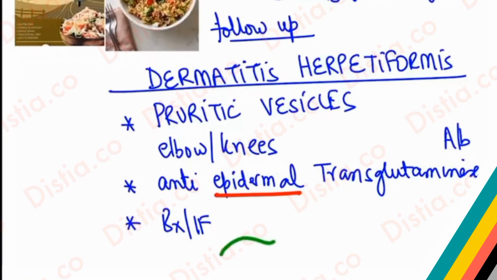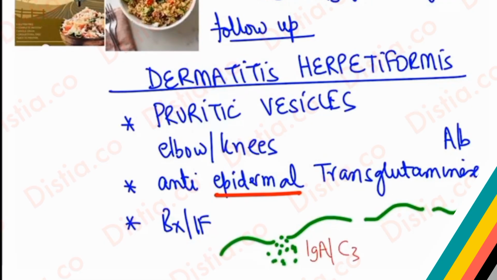So most of the time, biopsy reports with immunofluorescence will always be green. And you will be able to see a breach in the basement membrane, and then there would be lots of immune complex depositions. These immune complex depositions are mainly of immunoglobulin A and the complement.